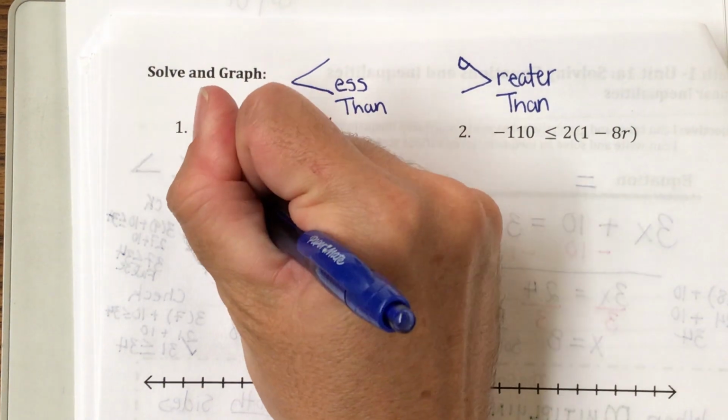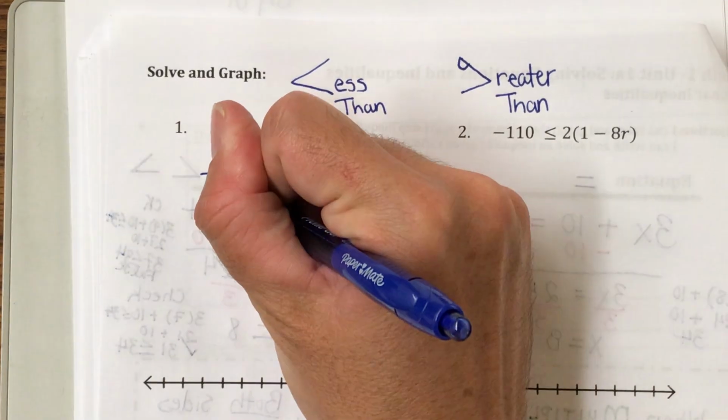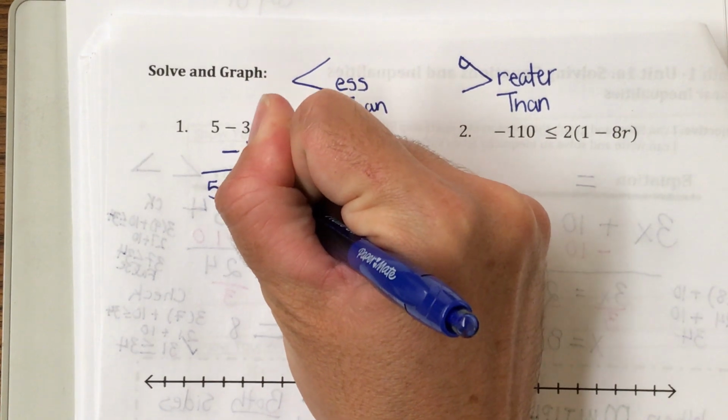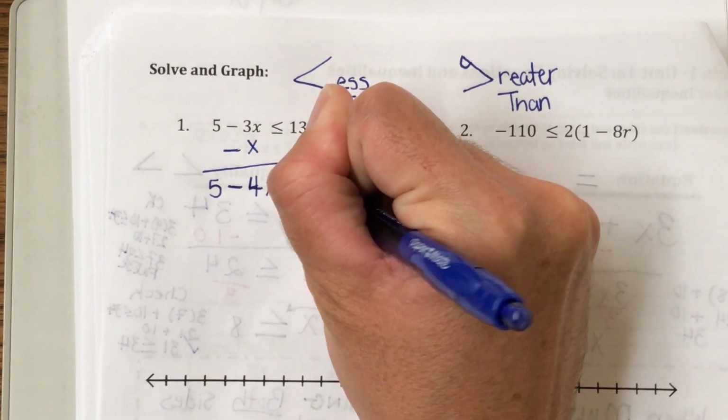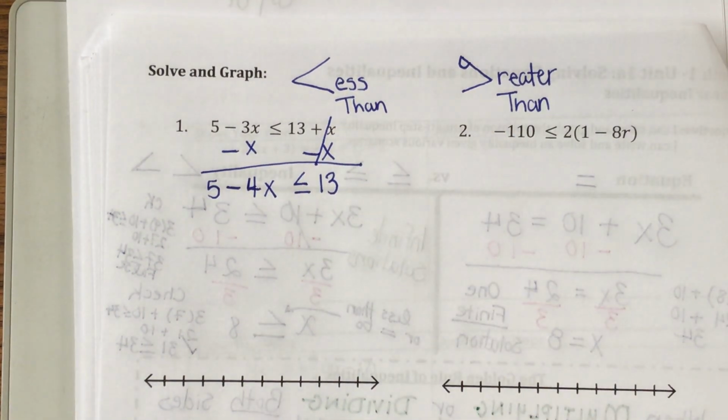So now I have 5. Negative 3x and negative x give me negative 4x, so 5 minus 4x is less than or equal to 13. Okay? So now I need to get the constants on the same side.